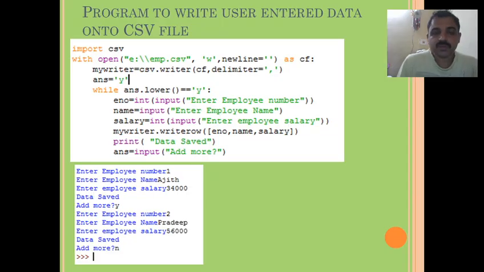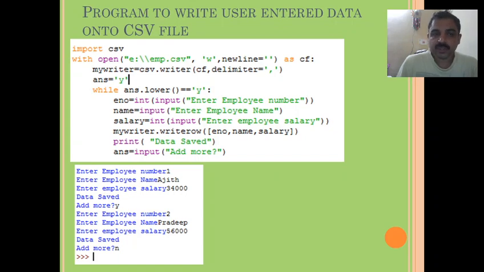So we saw what a CSV file is, what the properties of a CSV file are, and how to read from a CSV file. Then within the CSV file, how to search, how to display the contents of a CSV file, and how to write to a CSV file. So writing data directly and writing user entered data.